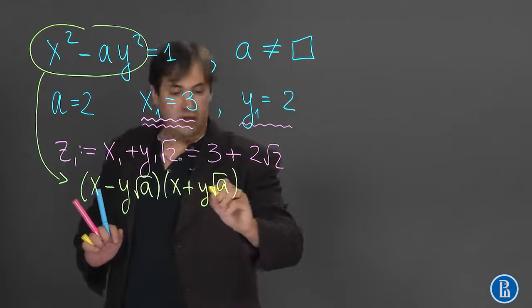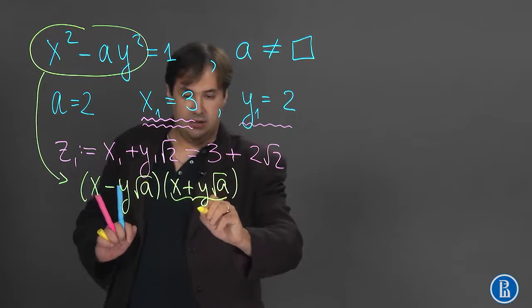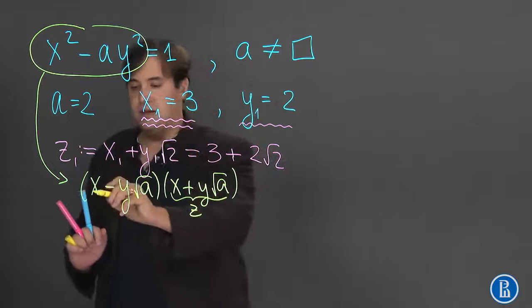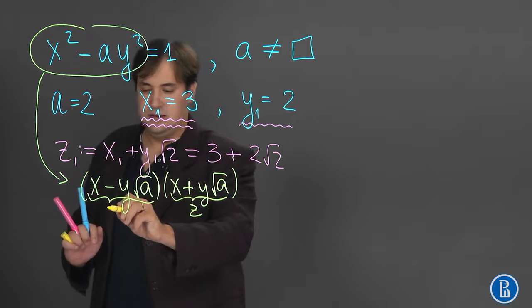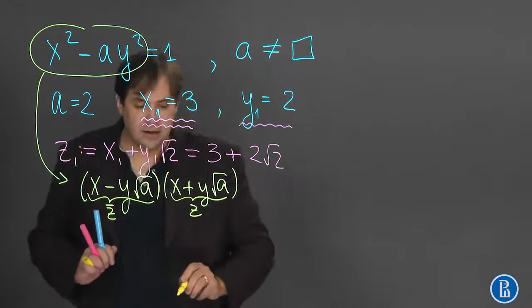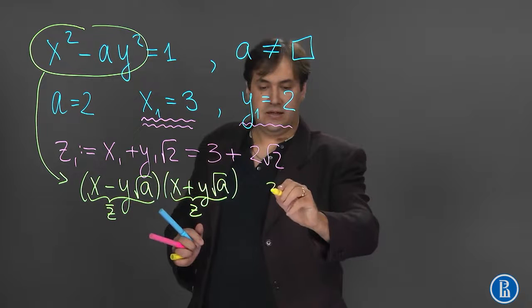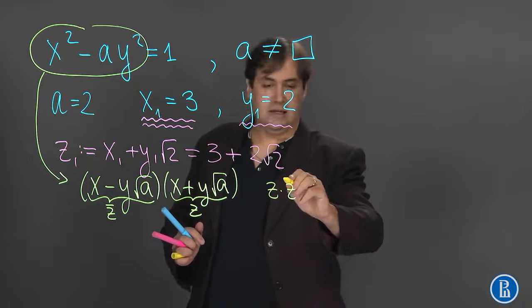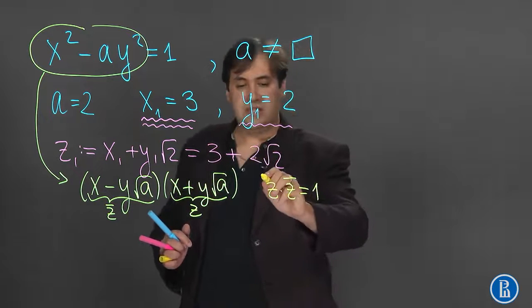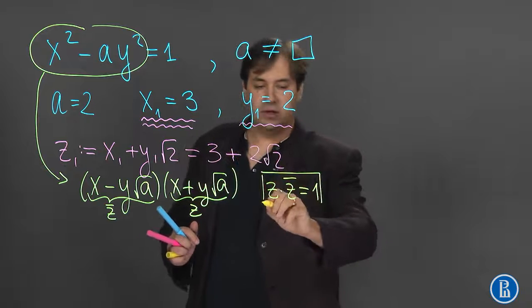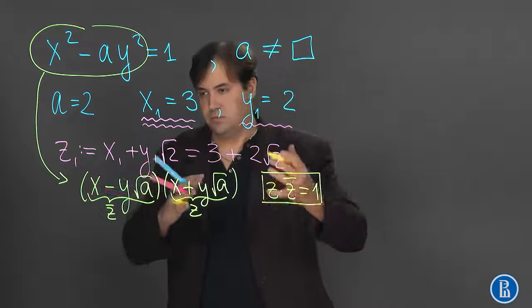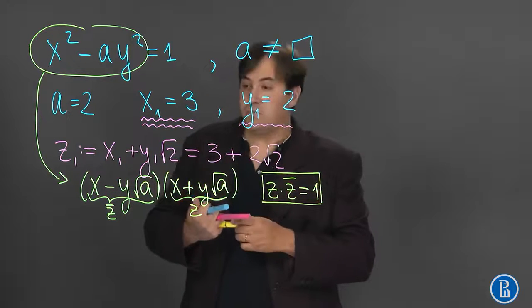If we denote this one by z, then this one is z conjugated. So another form of the Pell's equation is that z multiplied by z conjugated is equal to 1. This is the form we will be using during our discussion now.